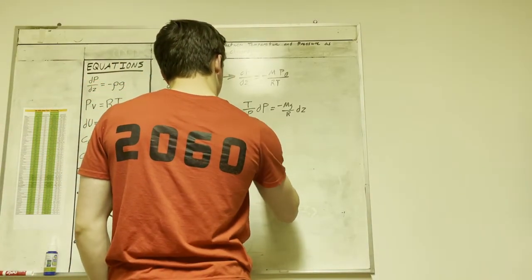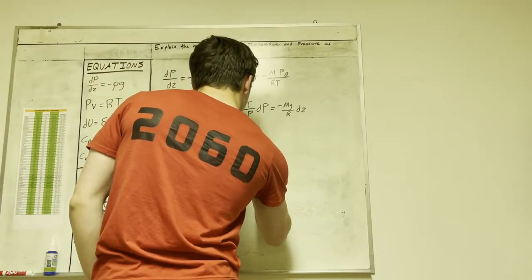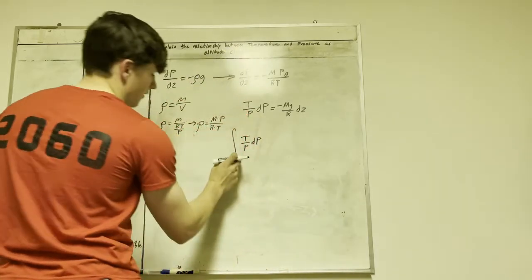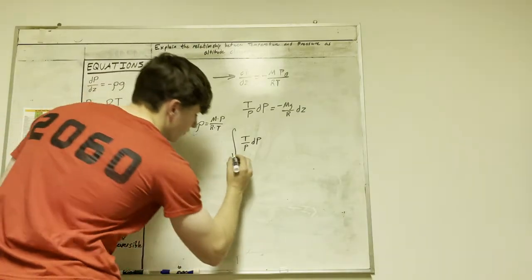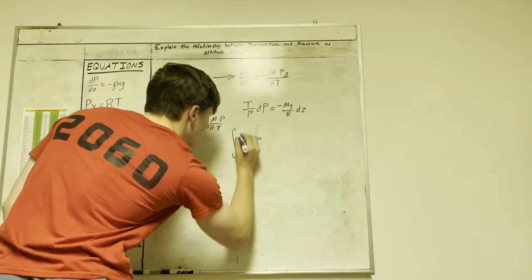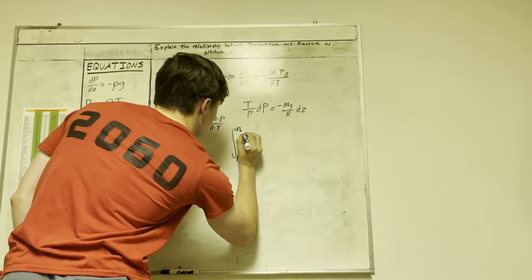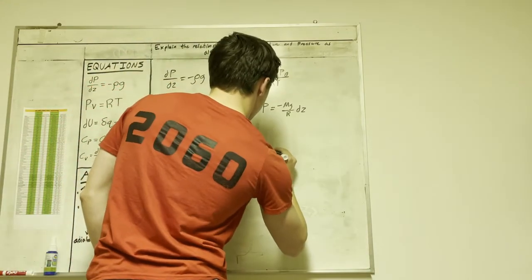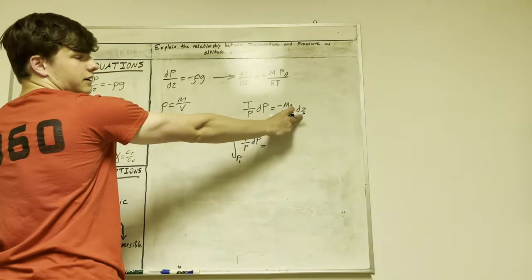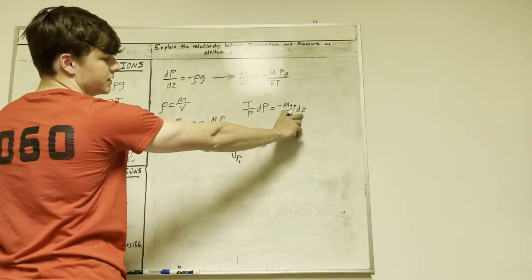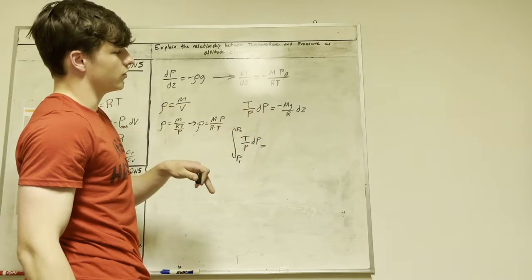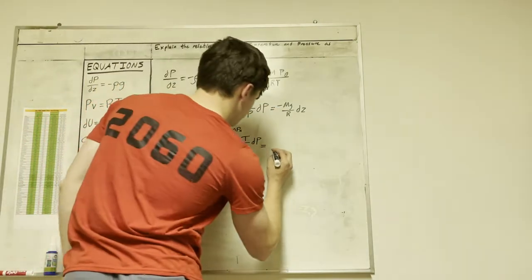And so from here, we now can integrate both sides. So we have the integral of temperature over pressure with respect to pressure. And since it's with respect to pressure, we'll go from some initial pressure, P1, to P2. And this is equal to, since this is with respect to altitude and the position you're at, these can be pulled out of the integral because they are constants.